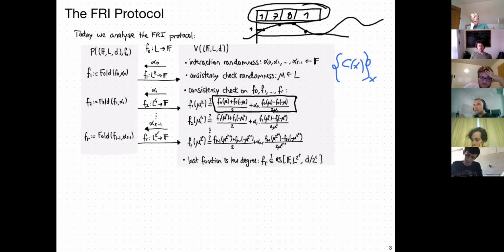Yeah. And the second thing of notation, which might be a bit confusing, is that you write L squared, which could mean L times L. But what you mean is that you halve the number of points. Thank you for saying this.